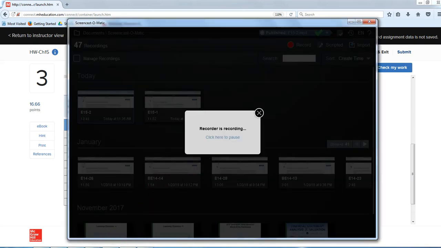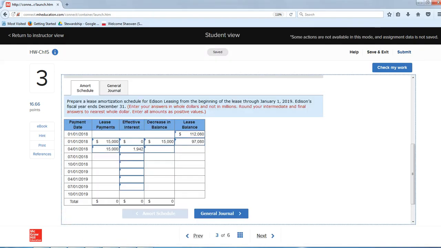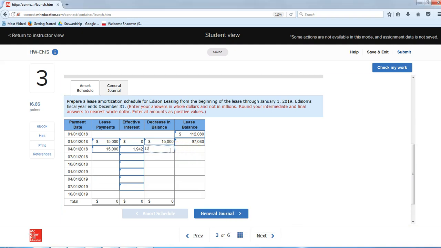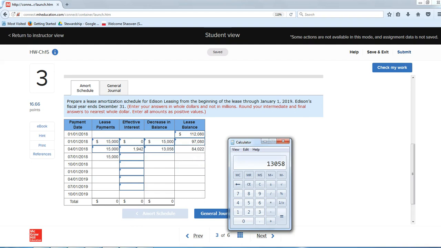Then the difference between the cash payment and the interest revenue is the amount we will decrease lease receivable. Excel automatically calculates the outstanding balance for us so that we can speed up our process.